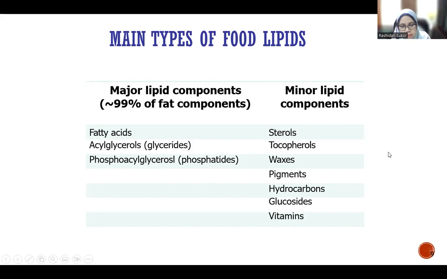But there are also some minor lipid components, which include tocopherol. What is tocopherol? Tocopherol is an antioxidant, normally used to combat oxidation. Then sterols, plant sterols, wax, pigment. Pigment can also be a lipid component, along with hydrocarbon, glycoside, and vitamins. Although they are minor, they are all under the category of lipids, but they are very minor.